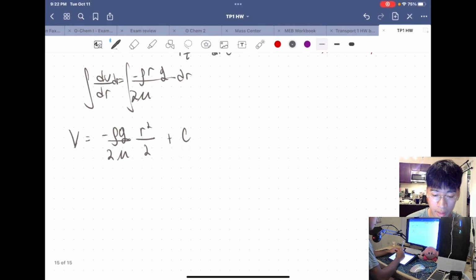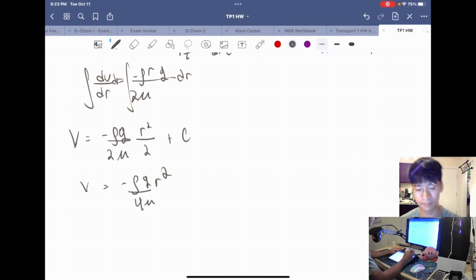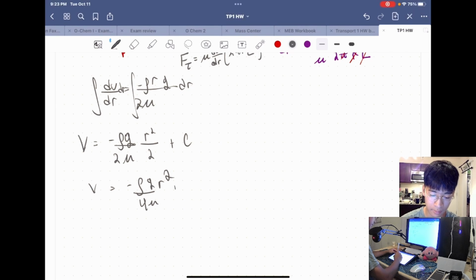Combining the constants, we have v equal to negative rho g over 4 mu r squared, plus c.